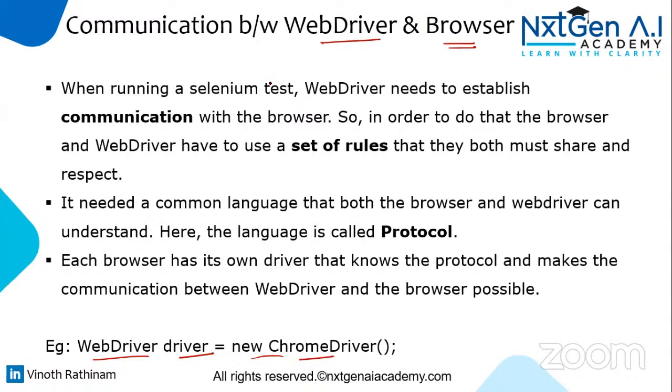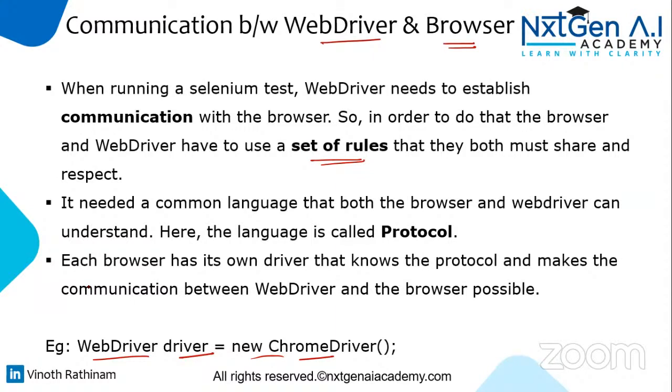See, when you run the Selenium test case, it will create a communication with the browser. So it has some rules, like this is how I should share the information, and this is how I should get the information. That is what it uses, a set of rules.